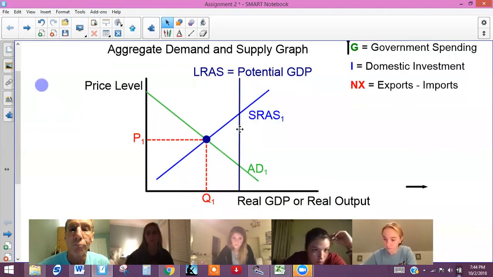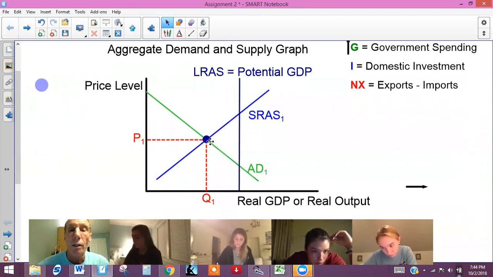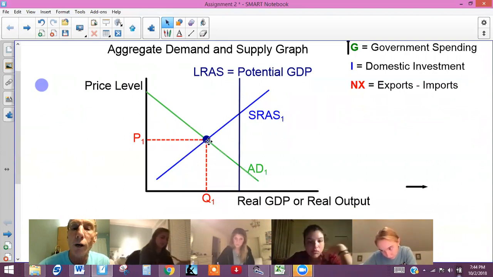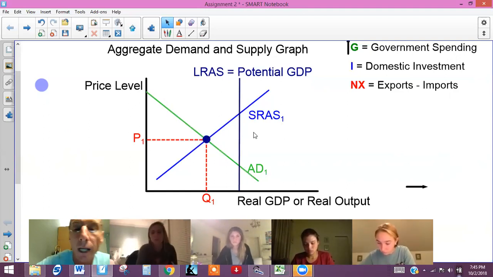Here's your graph, because you want to show the price level and the GDP equilibrium well below the potential. This between here and here is what we refer to as a recessionary gap.